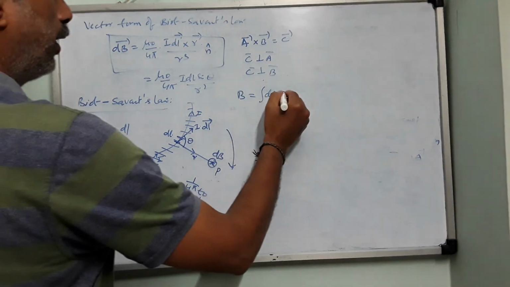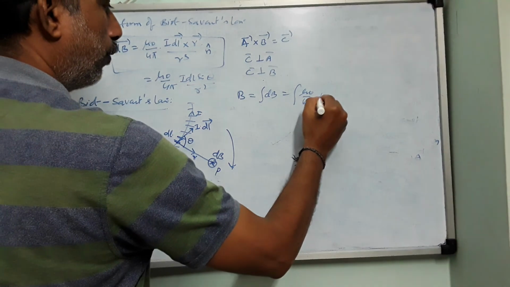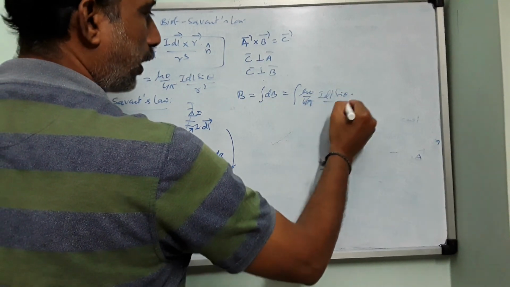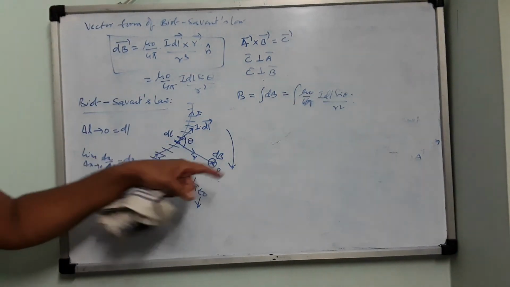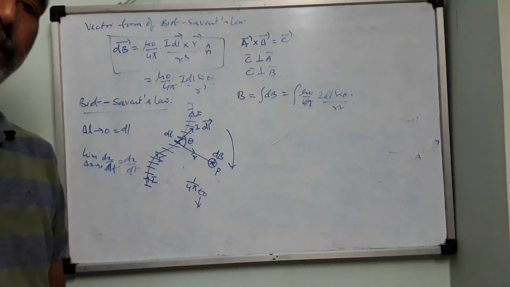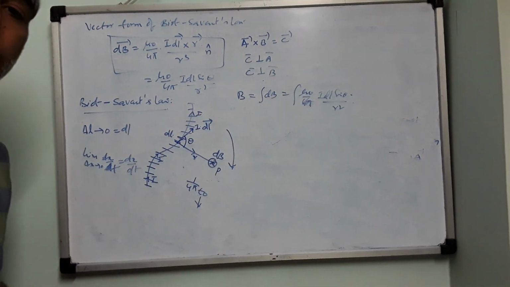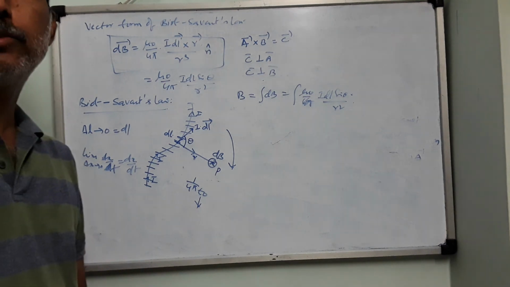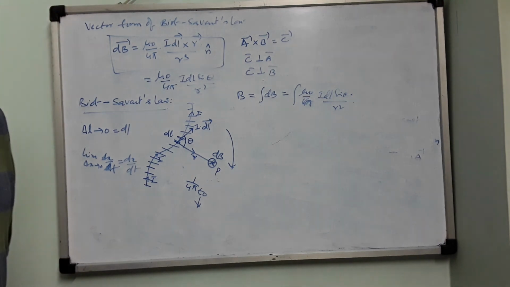Then you will get the integral of mu naught by 4 pi into IDL sin theta by r square. It appears to be a very big integration, but children, you will enjoy doing the integration. Finally, a very small thing needs to be integrated. All these other things will remain constant.